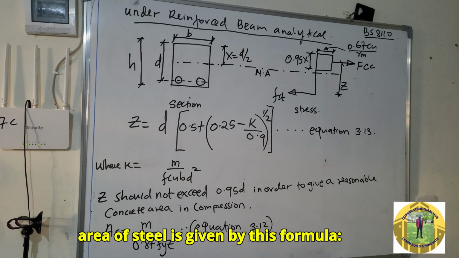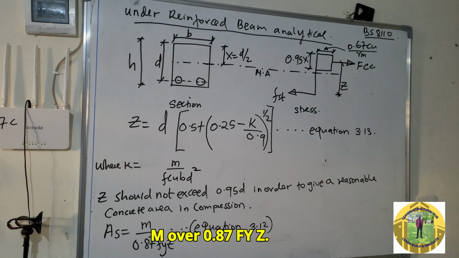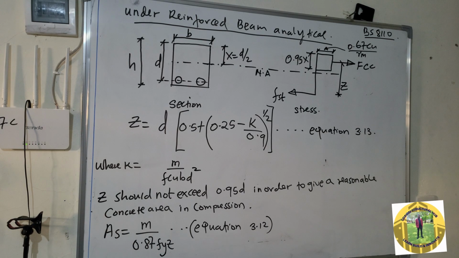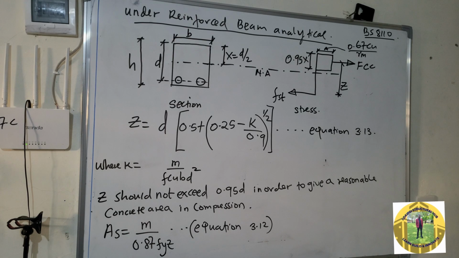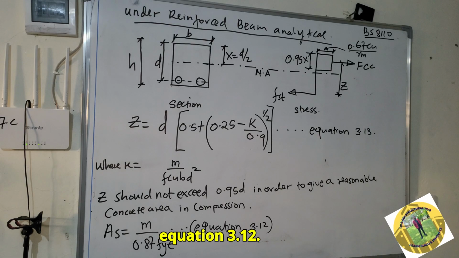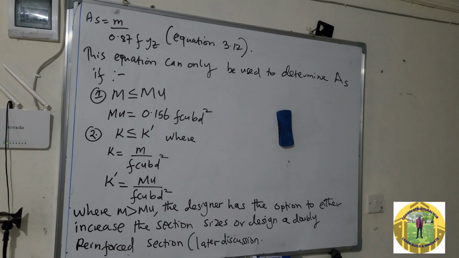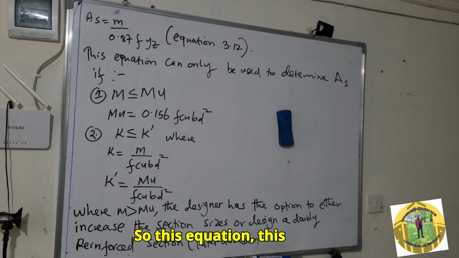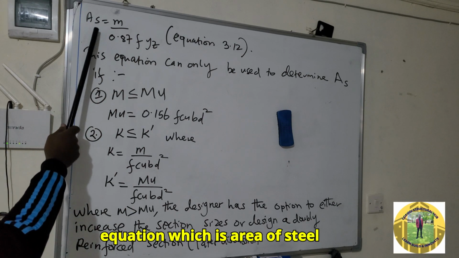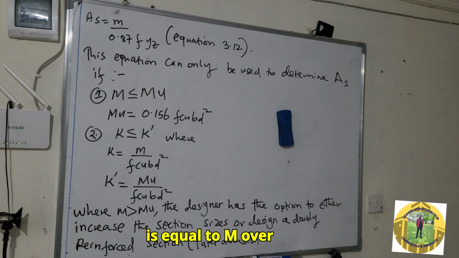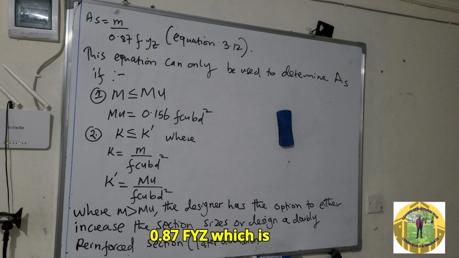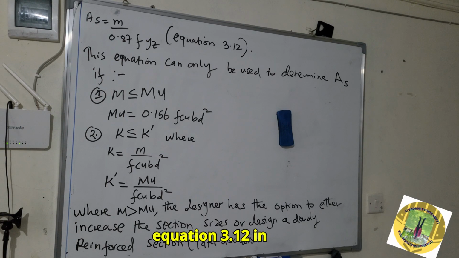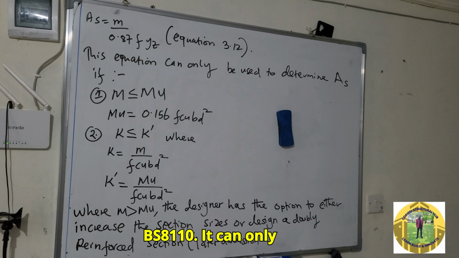And then the area of steel is given by this formula: As = M/(0.87 fy z). This is equation 3.12 in BS 8110.